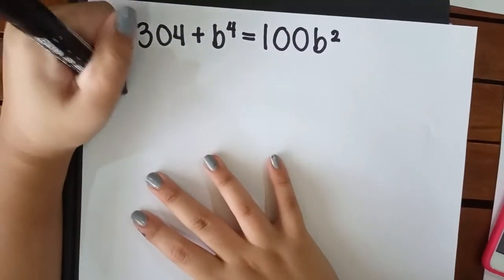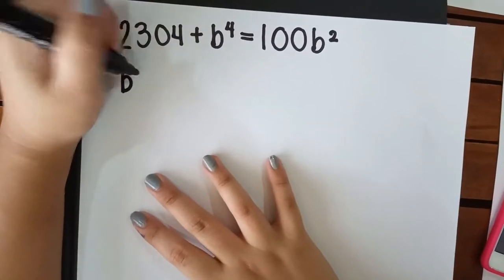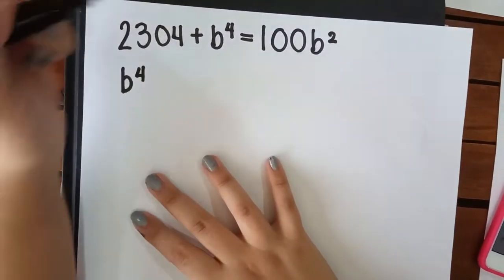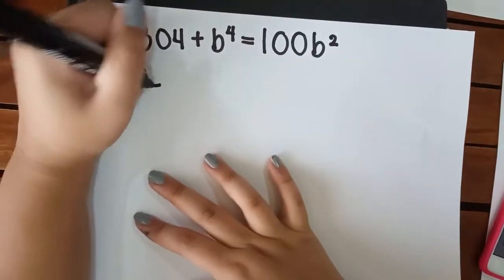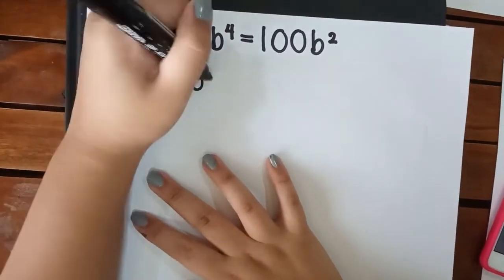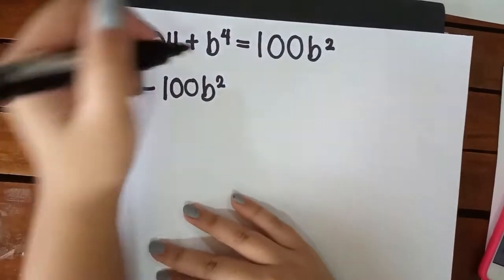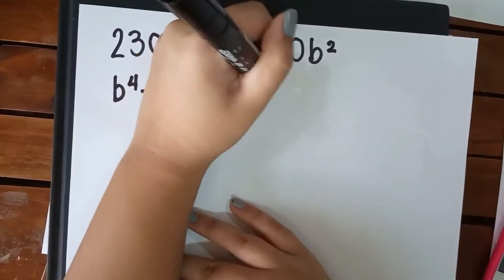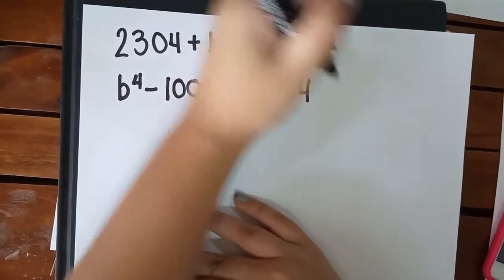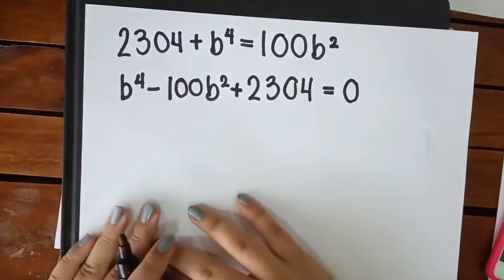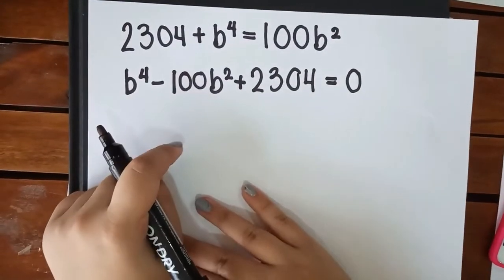We would be arranging this equation in descending order. The result will be b to the fourth power minus 100b squared plus 2304 is equal to 0. So this is the equation.